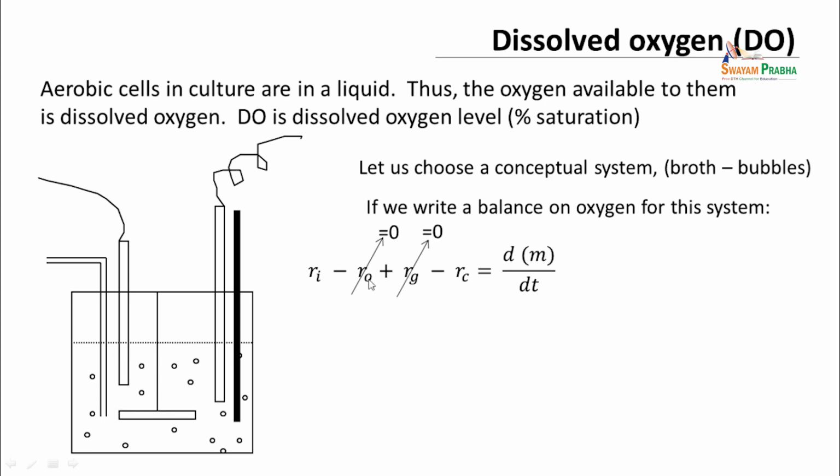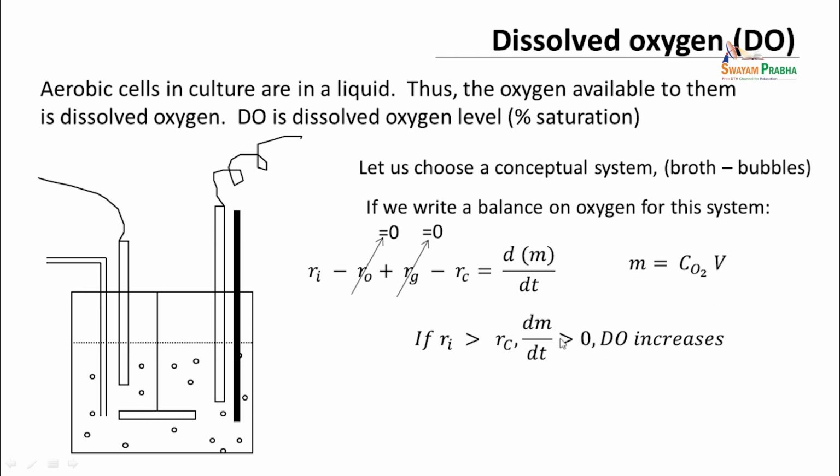Let us assume that there is no reaction that generates oxygen in our system, and for now let us keep the consumption. Also, the mass of oxygen, let us write it in terms of the concentration of oxygen, which is what is usually measured. Therefore, mass is concentration times volume, and we could write it in terms of concentration.